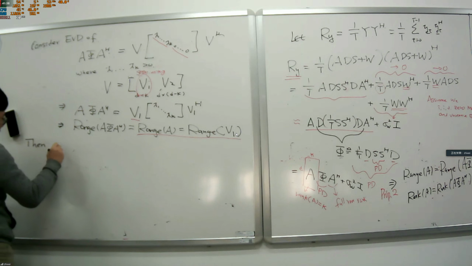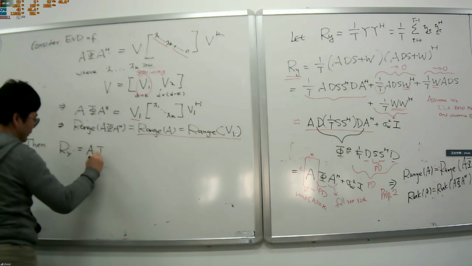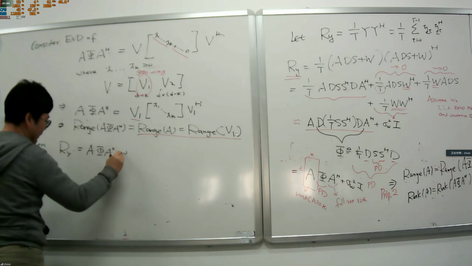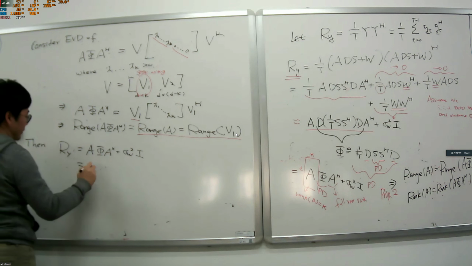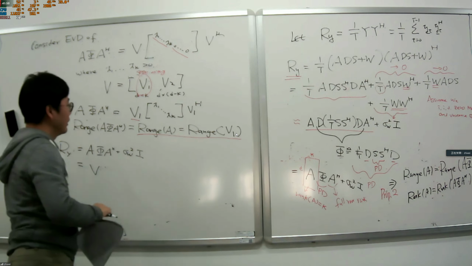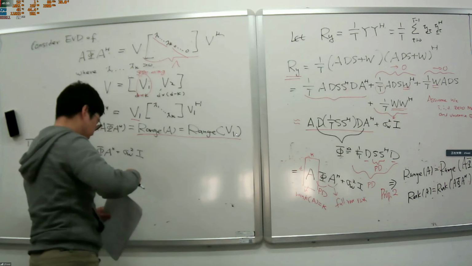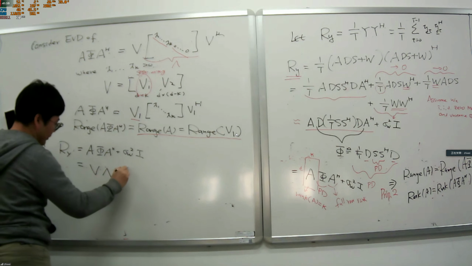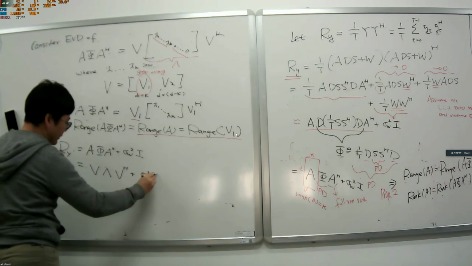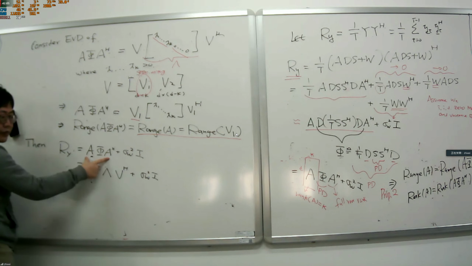You see Ry is equal to A phi A Hermitian plus sigma W identity. Now A phi A Hermitian can be written as V lambda V Hermitian plus sigma W identity. This is an EVD of A phi A Hermitian.